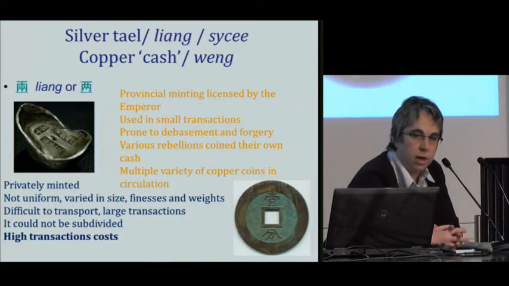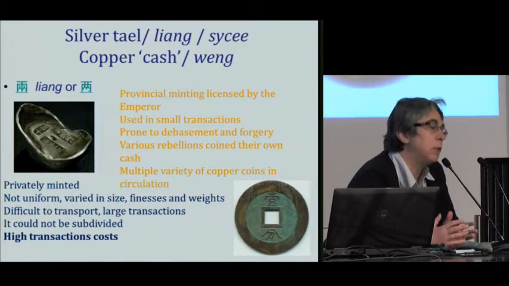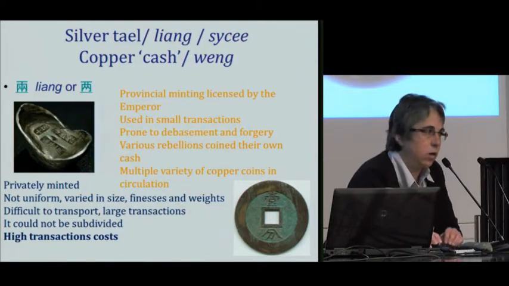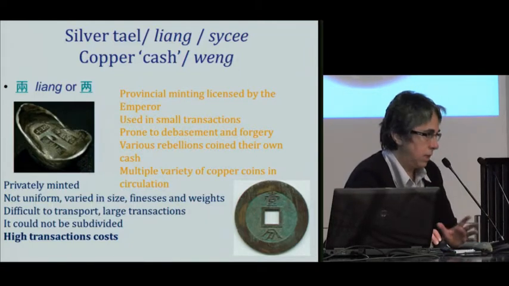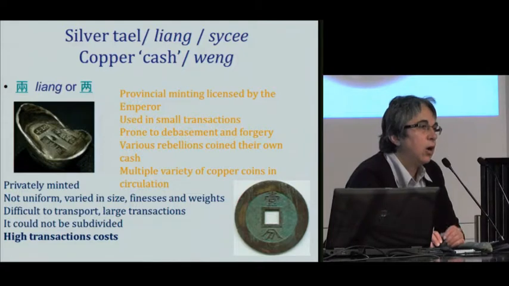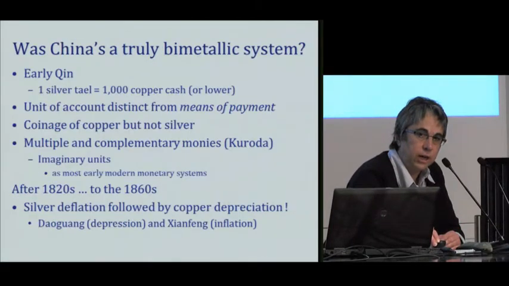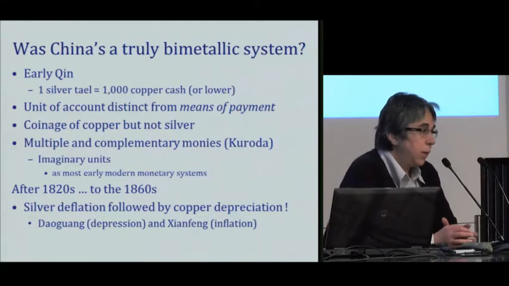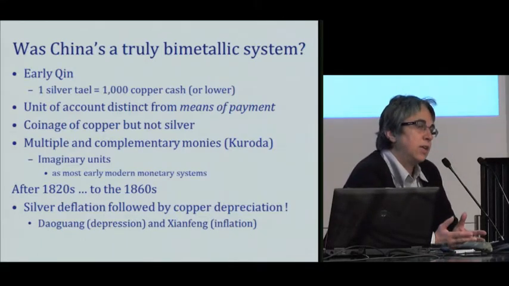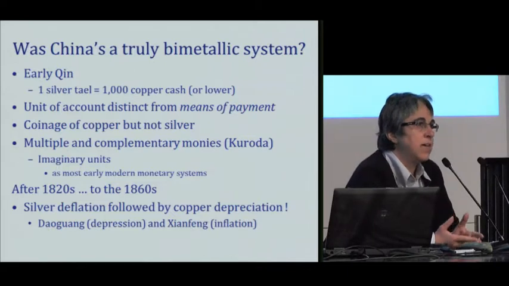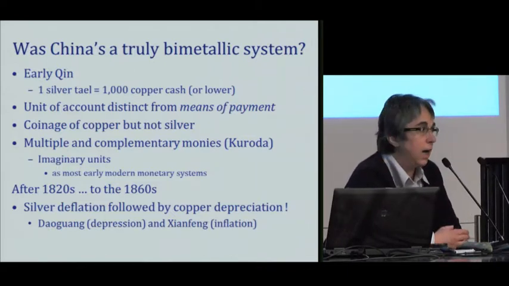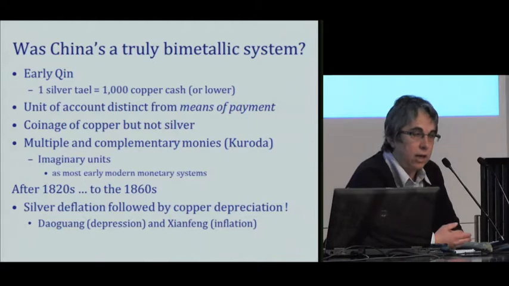That gives way to a multiplicity of copper coins in circulation. That makes copper not a good standard for a currency system inside China. On that token, the literature has assumed that China performed in a very metallic system. And I'm very doubtful about that.